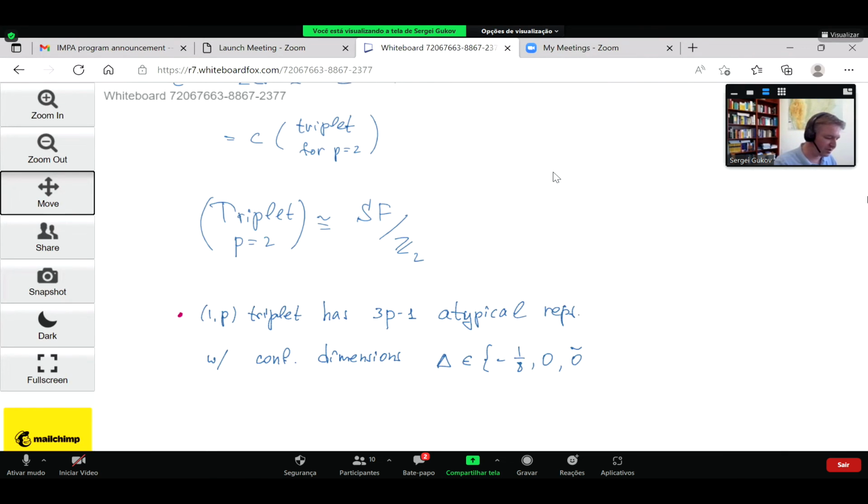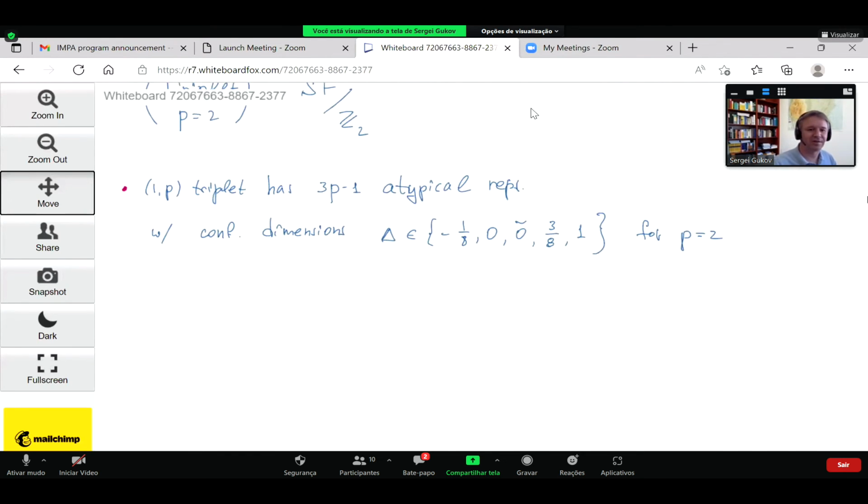So there is another 0, which I'll denote with a tilde. There is 3/8, and 1. So in total, the expression I gave you is that there are 3p minus 1 of them, and for p equals 2, so this is the answer for p equals 2, there are 5.